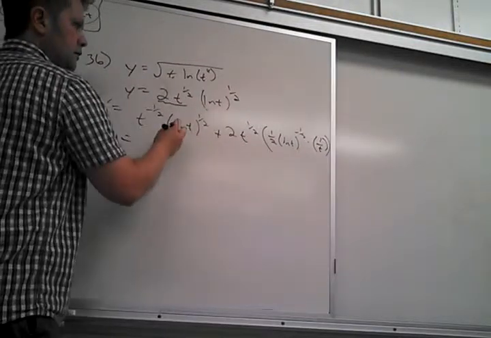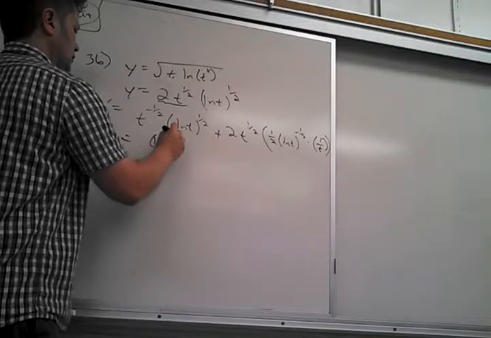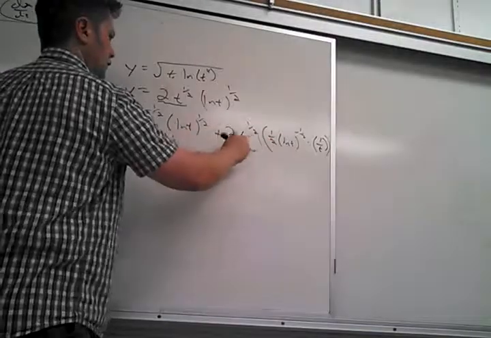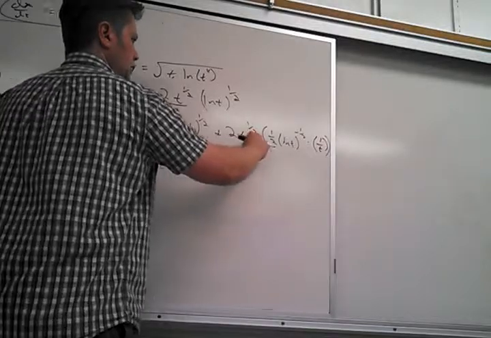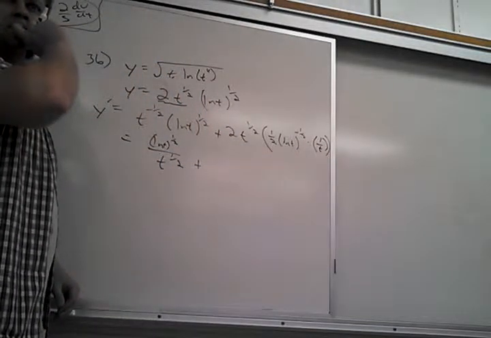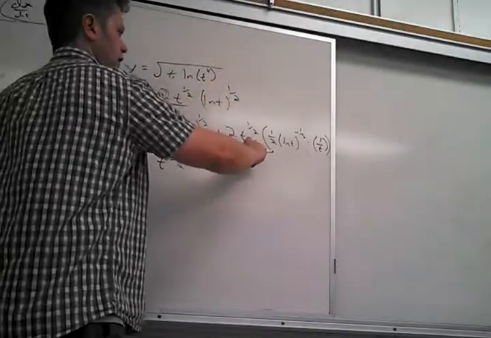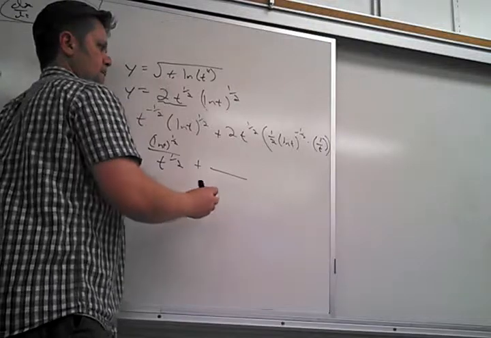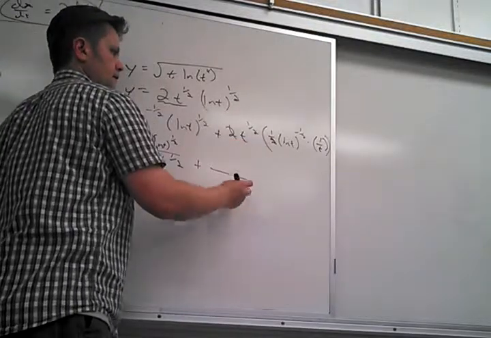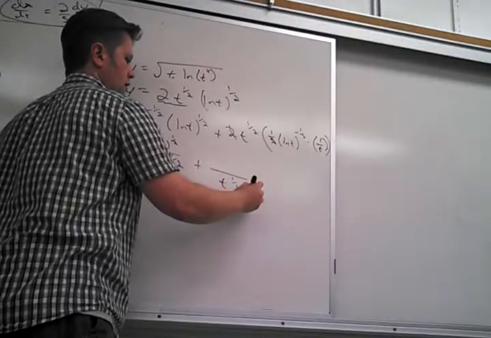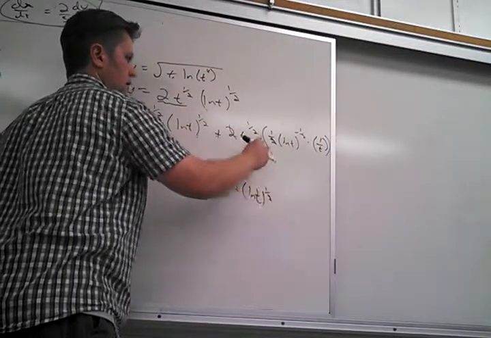That's the only thing left up there. And if I really wanted to clean this up, I could multiply by natural log of t to the 1/2 on the top and bottom, the LCD. That's squared, so half a natural log of t times half a natural log of t makes a whole natural log of t.